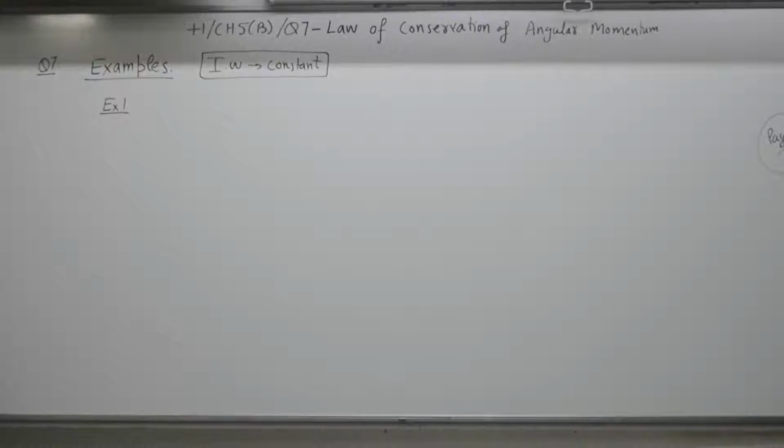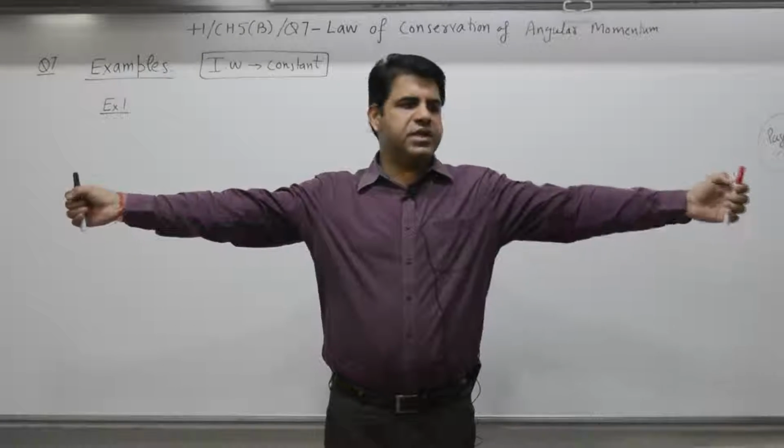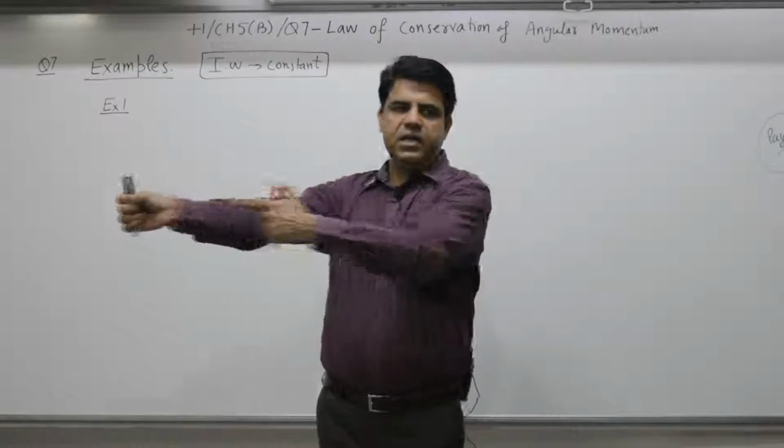Here in the notes it is example number 5. Person carrying dumbbells in his hands means what? The initial position. See, this is the initial position. The person with the dumbbells in hand. Dumbbells are at a distance.